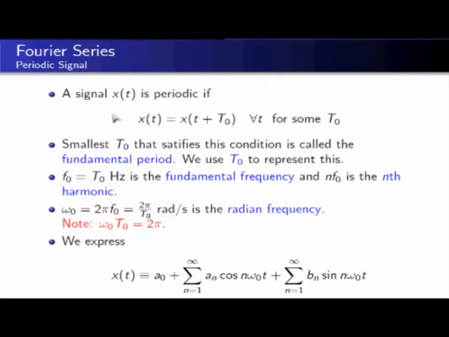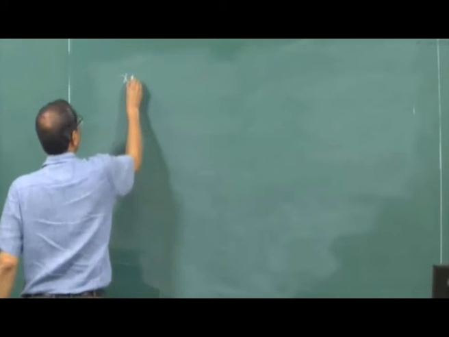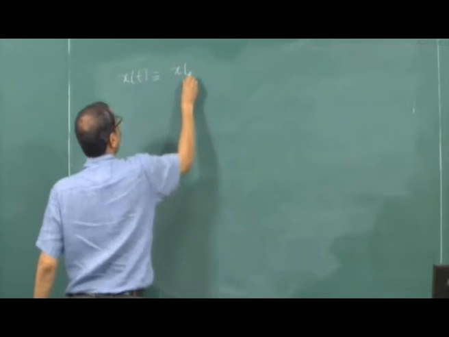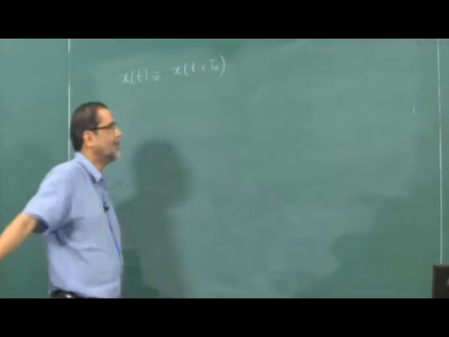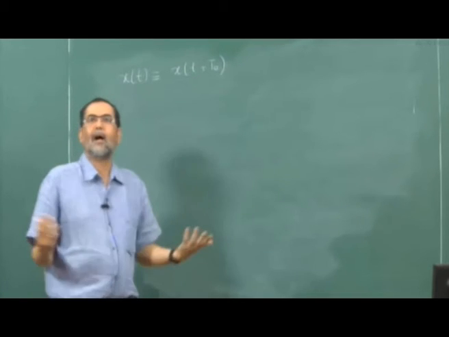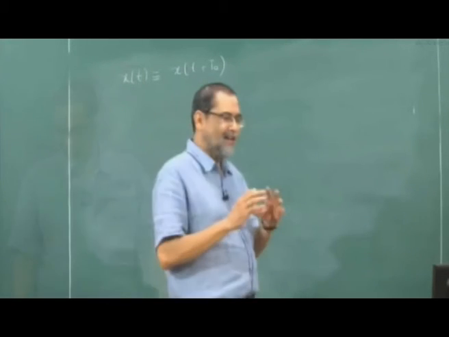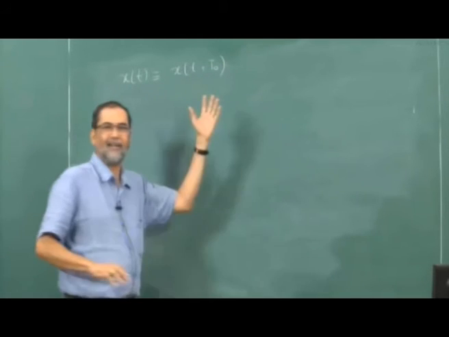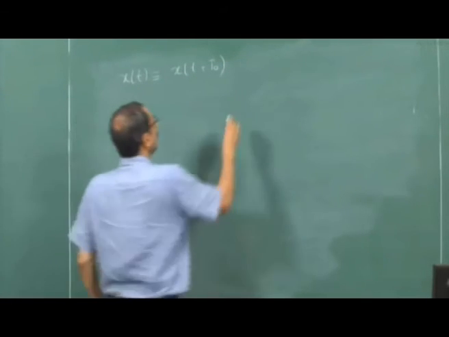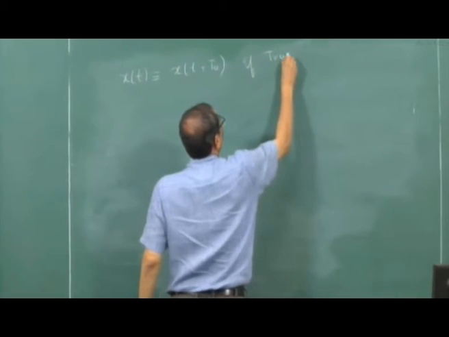A periodic signal is defined as follows: if x of t is indistinguishable from its delayed version for a fixed value of delay, such as capital T naught, that is, x of t and x of t plus T naught, I can't make out the difference for some value of T naught, these are indistinguishable, they are identical, then x of t is periodic.